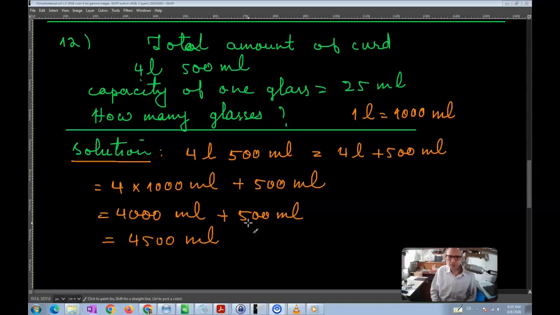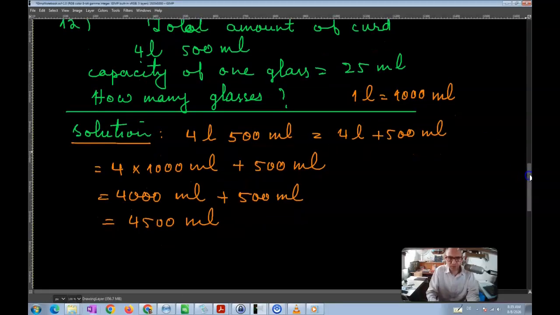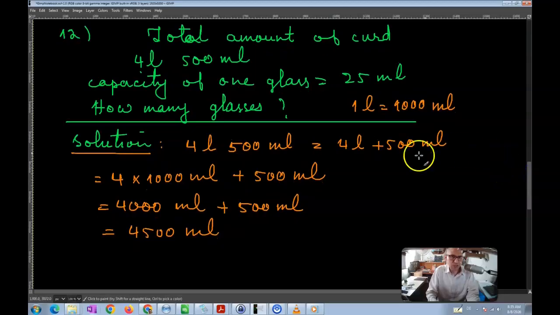Okay, so now you need to set up your equation, which is an important step. If you make a mistake here, then everything is going to be wrong. Your logic has to be right. We have all of this curd, which is about 4.5 liters. We want to fill as many glasses as we can, keeping in mind that each glass has a capacity of 25 milliliters, right?